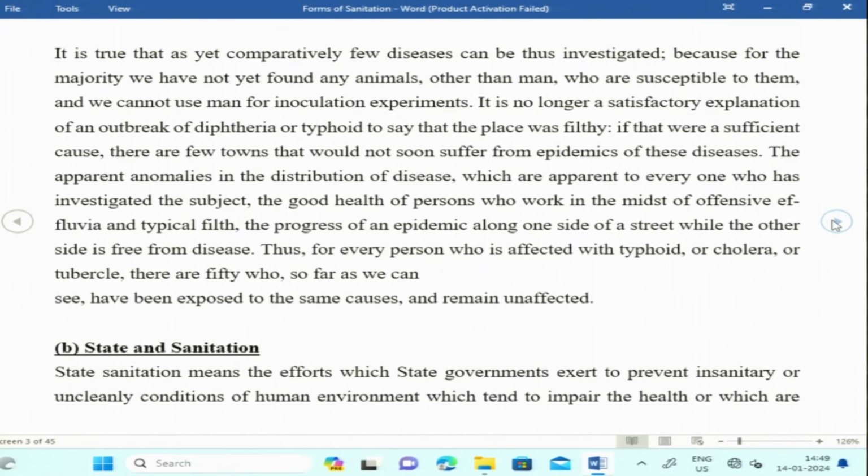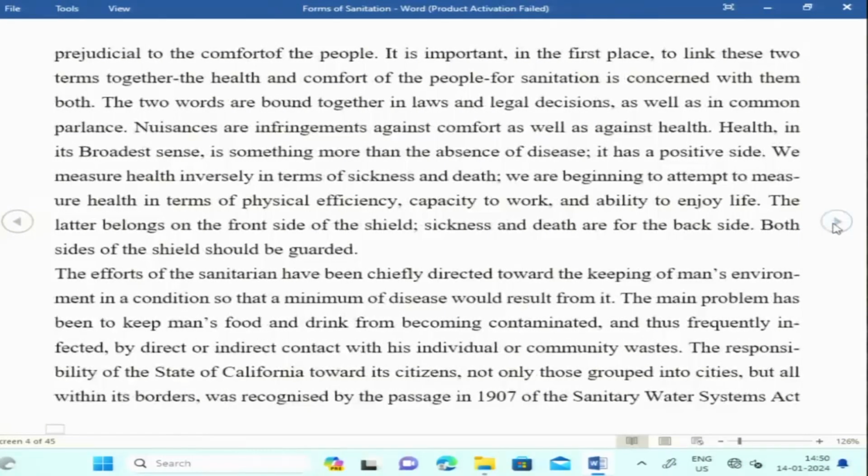So, we have the linkage between the state and sanitation as another aspect of sanitation. When we speak about the state and sanitation, the basic idea is what the various efforts of the state government are in order to prevent insanitary and unhygienic conditions in the society.